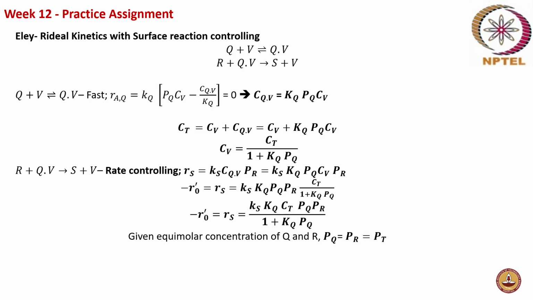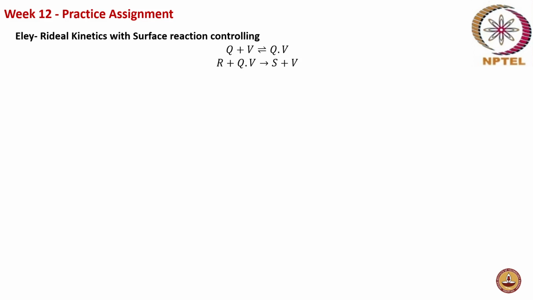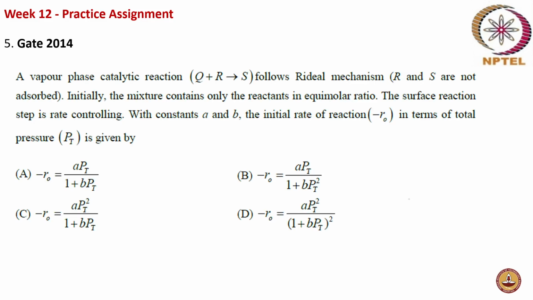Given equimolar concentration of Q and R, PQ is equal to PR is equal to PT, let's assume. Also, Ks into KQ into CT is equal to A and KQ is equal to B. You will end up with minus R naught is equal to A into PT square by 1 plus B into PT. So the solution is option C. Option C in the given expression is minus R naught is equal to A into PT square by 1 plus B into PT.